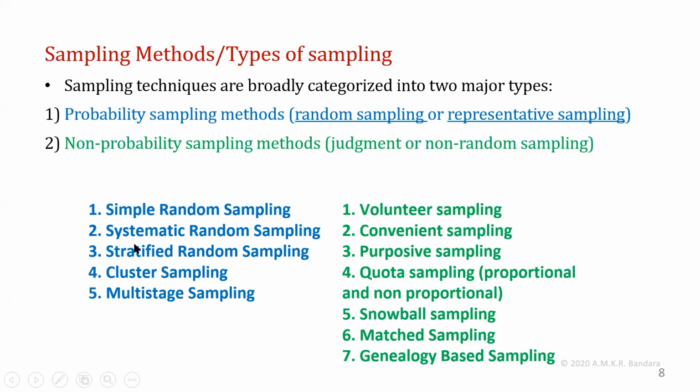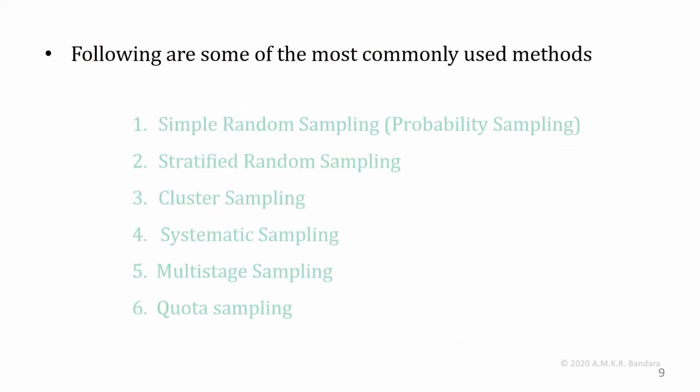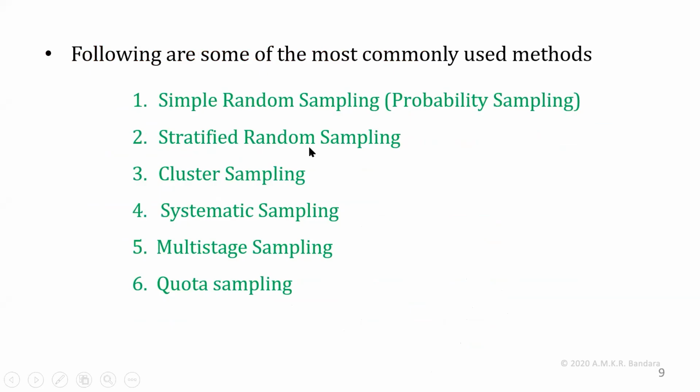These are the examples for random sampling methods: simple random sampling, systematic random sampling, stratified random sampling, cluster sampling, multi-stage sampling. These are the examples for non-random sampling methods: volunteer sampling, convenience sampling, purposive sampling, quota sampling, snowball sampling, matched sampling, and genealogy-based sampling.